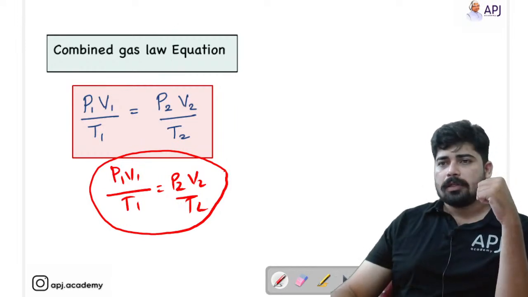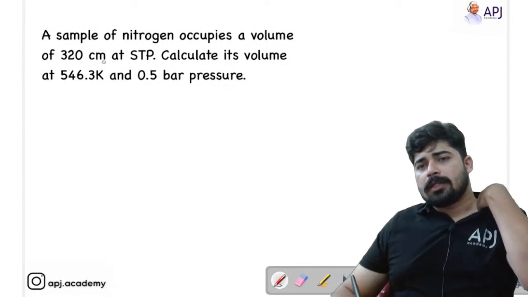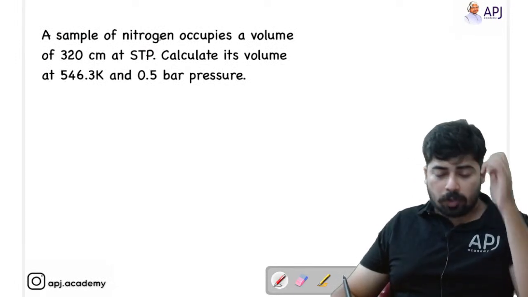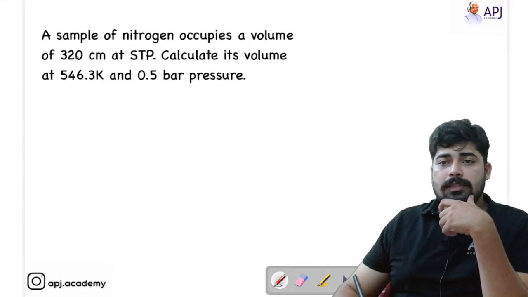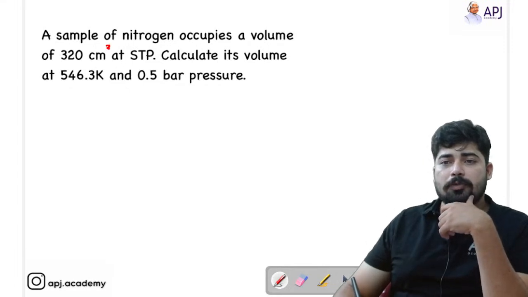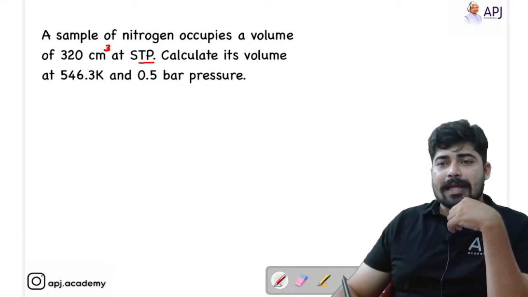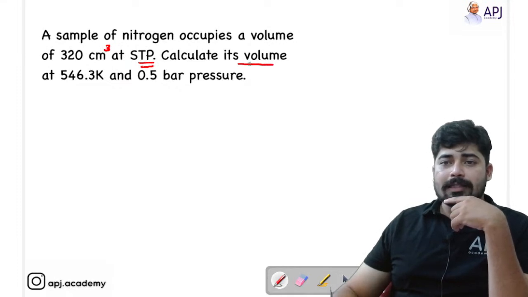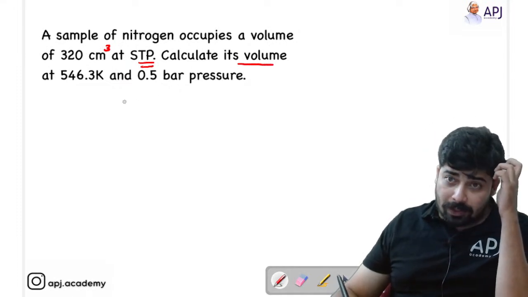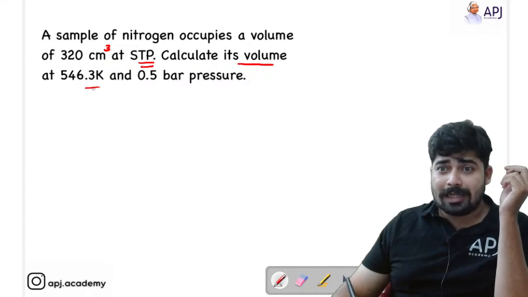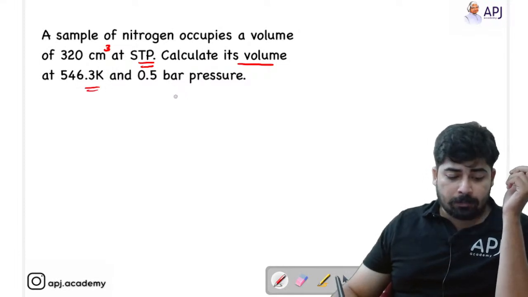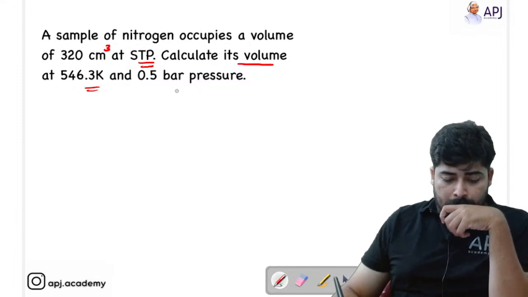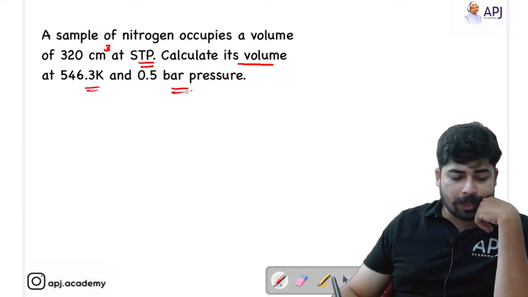Okay. Now let's try one problem. A sample of nitrogen occupies a volume of 320 centimeter cube at STP. Calculate its volume at 546.3 Kelvin and 0.5 bar pressure.